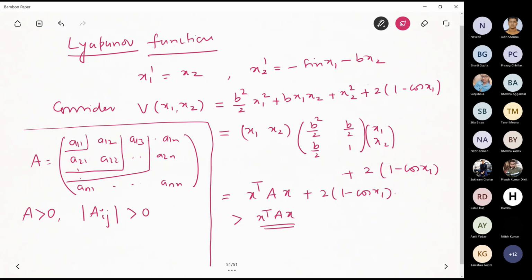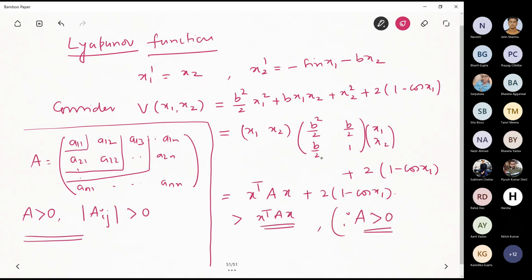If this is the case, then it is equivalent, that is, A is a positive definite matrix. So here you see that b square by 2 is positive, and the determinant of this is b square by 2 minus b square by 4, which is again positive. Therefore, A is a positive definite matrix.